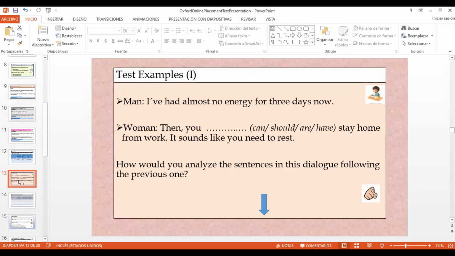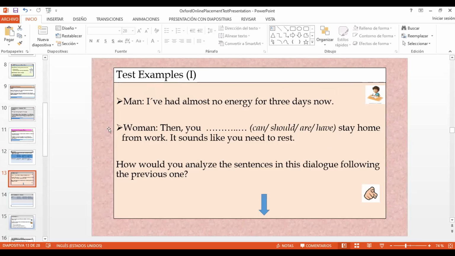Okay, this is an example from the test. So now your turn to read. I have had almost no energy for 3 days now. Okay, what does the woman answer? Then you, I have had almost no energy for 3 days now.